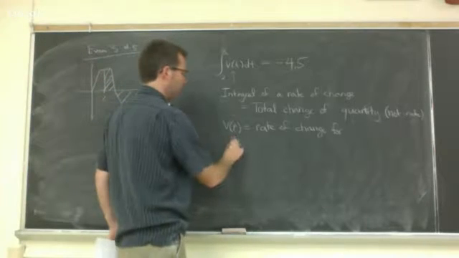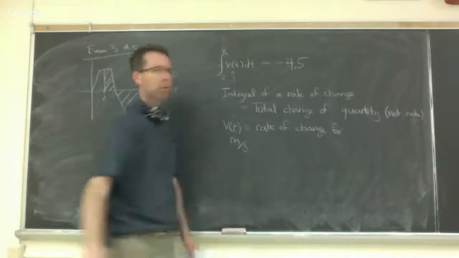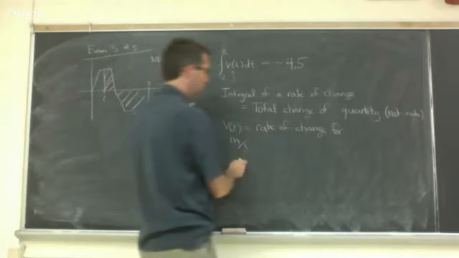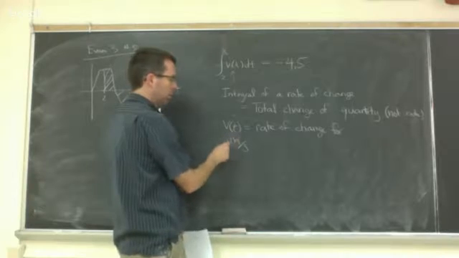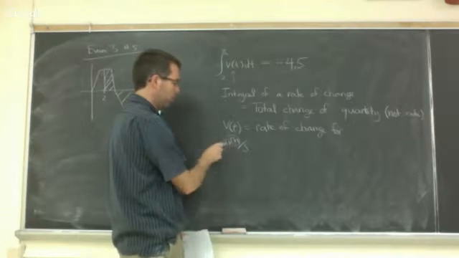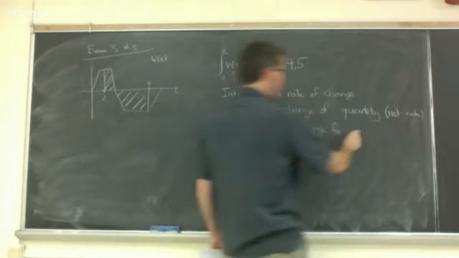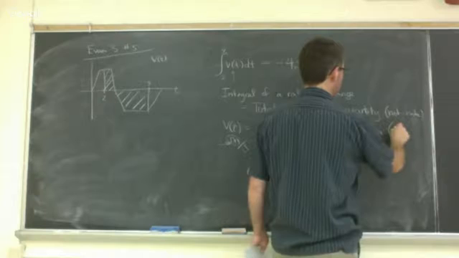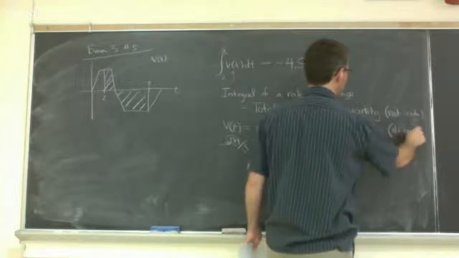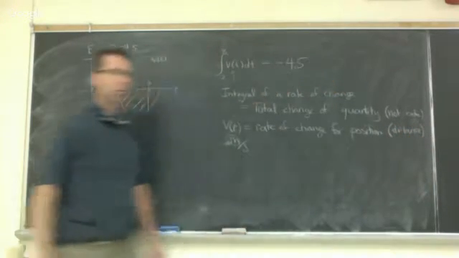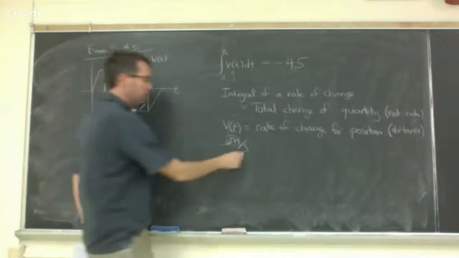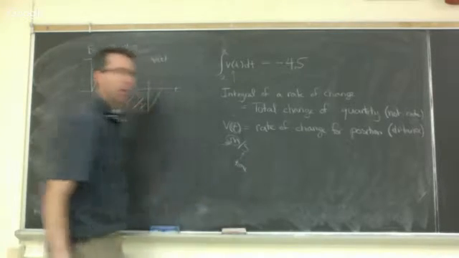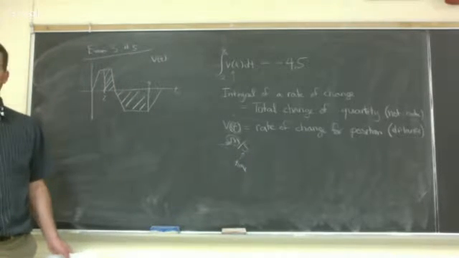Here's a hint. It's in meters per second. The numerator is the quantity, so it's the rate of change for position, for distance. The bottom is time. That's what I'm measuring it with respect to.